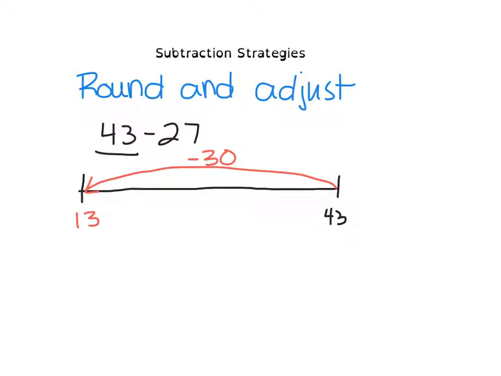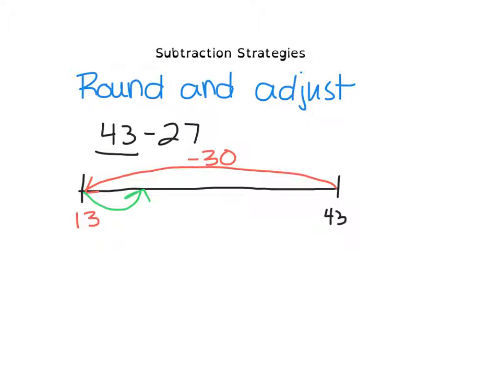Then we need to do the adjust part. In the adjust part, we're adding the difference between our 27 and our 30. So you have to think about your facts of 7. How do you make 7 into a 10? So on that, you would be adding the difference, which is 3.